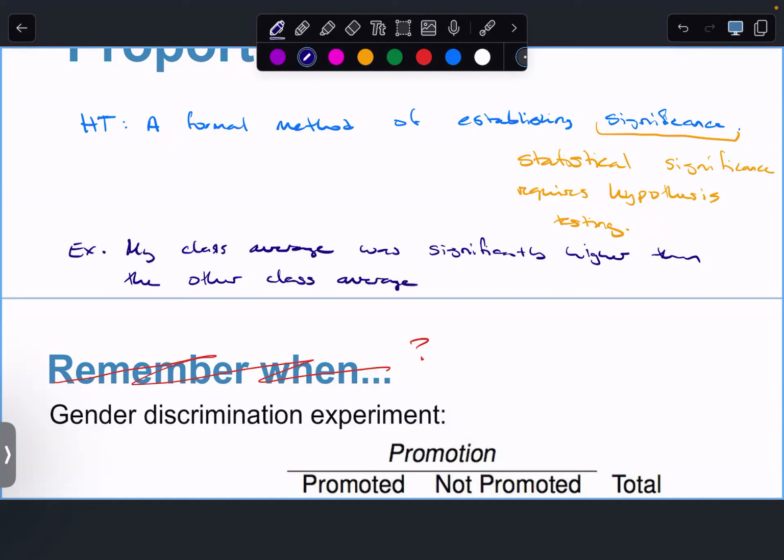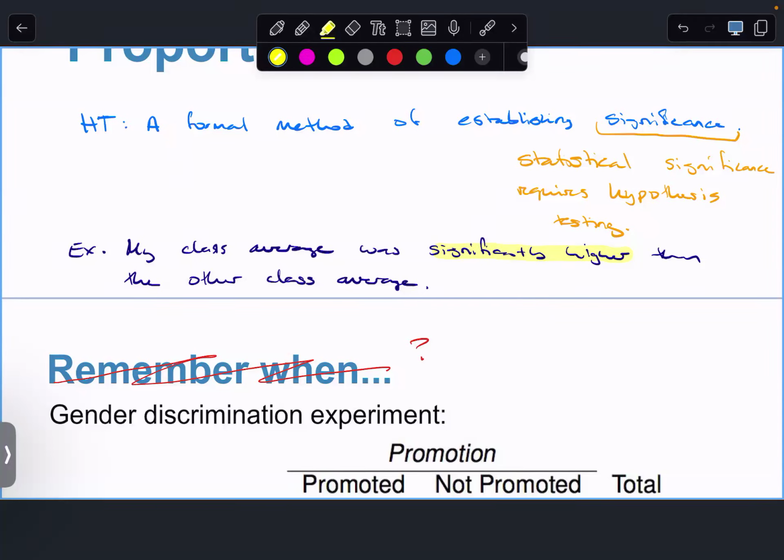We are the only Stat 121, so it doesn't really work, but there's Stat 124s. It's the same, right? In order to be able to say significantly higher, we would need a hypothesis test to do that.